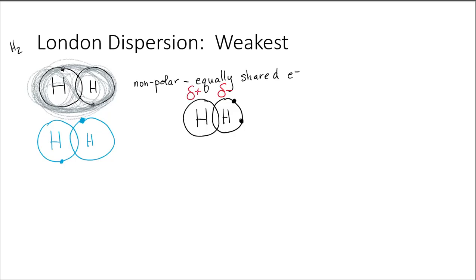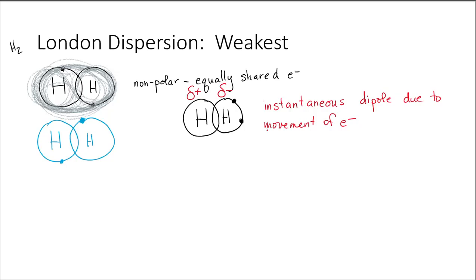It's got a little extra electron around it. That means the left-hand hydrogen has a little partial positive charge. This is an instantaneous dipole due to movement of electrons. As soon as it's formed, it goes away again, but it does form.